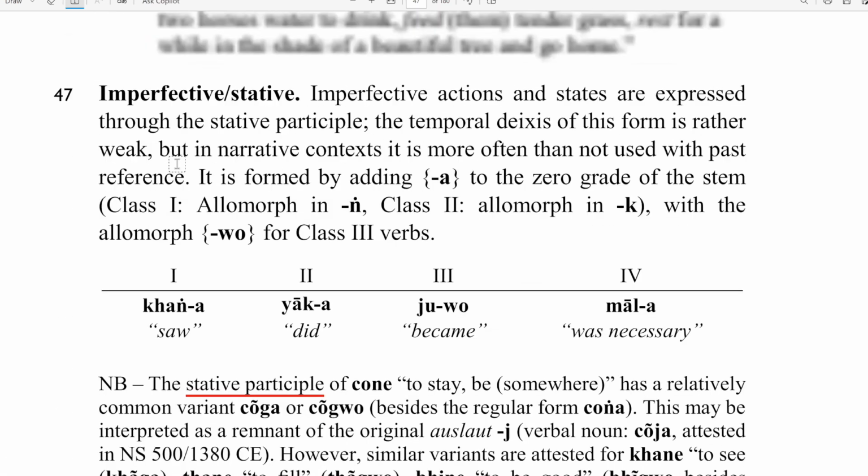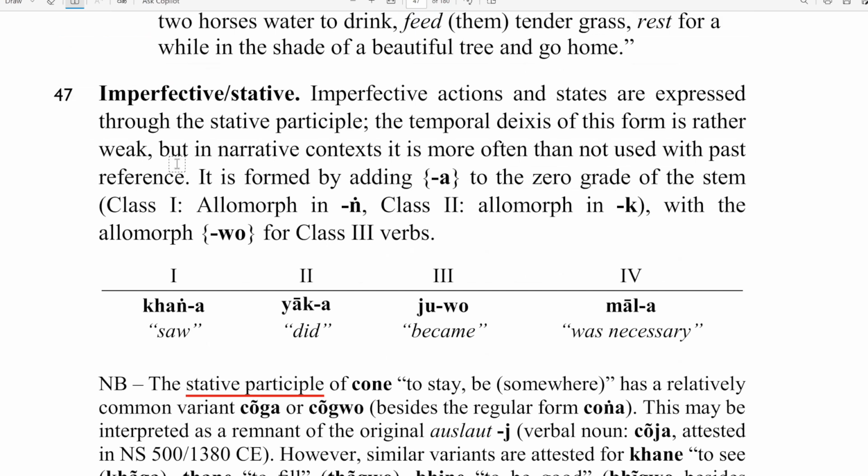So let's get started. The imperfective or stative participle is formed by adding a to the zero grade of the stem. So for the first class verb it is nga, for the second class it is ga, for the third class it is wa, and for the fifth one it is la. And you see mala here, the stative participle is actually the same as the perfective past.